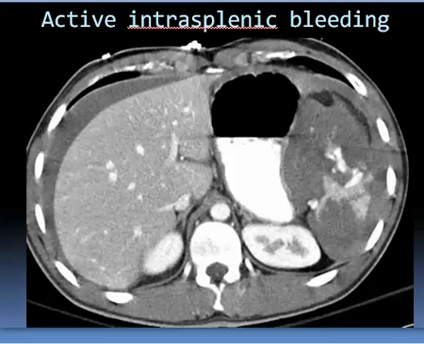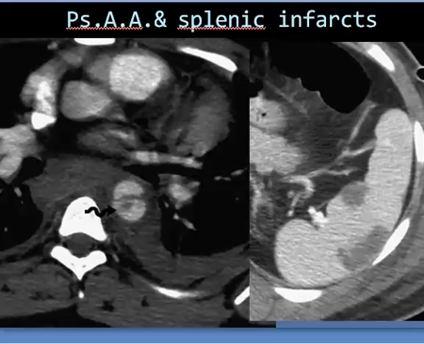Active intrasplenic bleeding with intraperitoneal, of course, bleeding, denser on the left than on the right. Pseudoaneurysm of the aorta with multiple splenic infarcts.